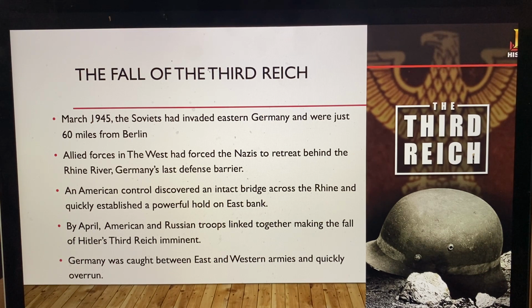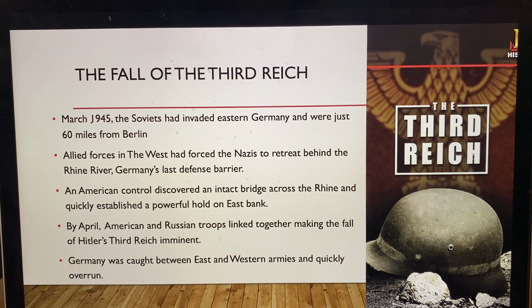The Allied forces in the west, so they're coming in from the west too, had forced the Nazis to retreat behind the Rhine River, Germany's last defense barrier. An American controller discovered that there was an intact bridge across the Rhine River.